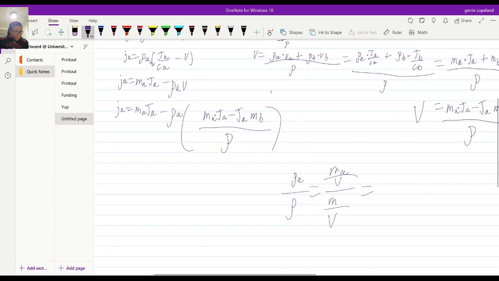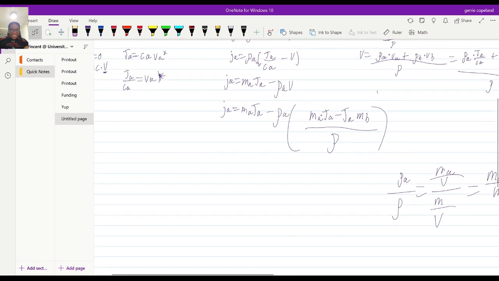That's just going to equal the mass of A over the total mass, which is the mass fraction. So we want to change that out here to become our mass fraction of A.